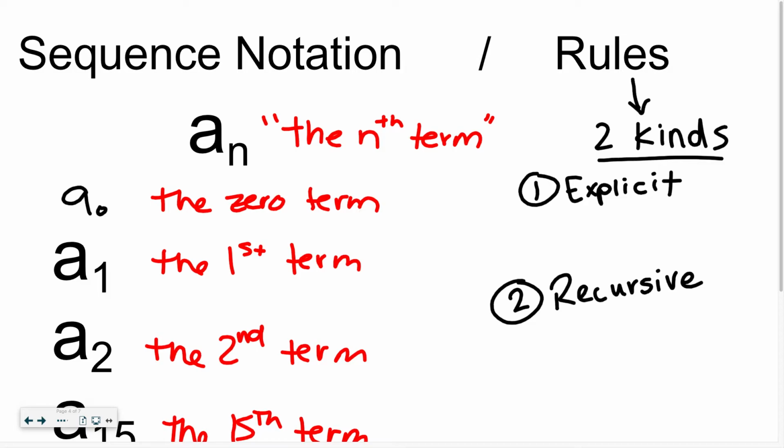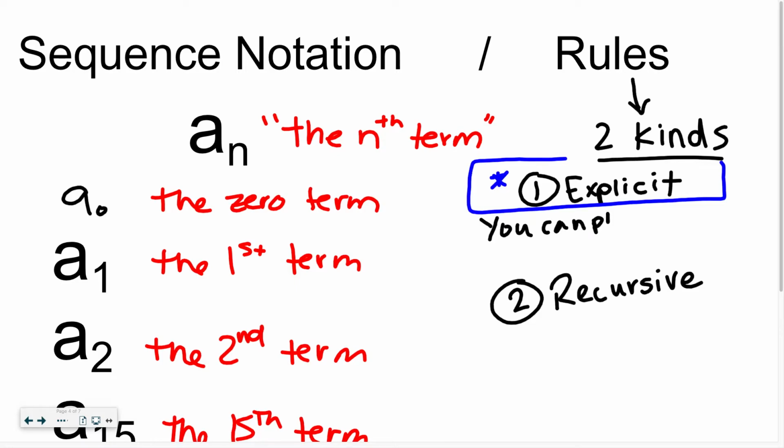Generally, you'll be working to get explicit formulas. Okay, so if you want to highlight that, a lot of times when you read directions, it'll say like write the explicit rule, write an explicit formula. Okay, and what explicit means is you can plug in n, right, from your a sub n.